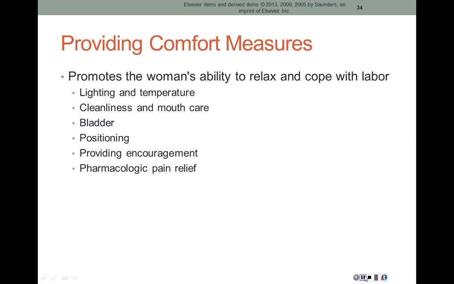So that should have been something that's already been discussed with the obstetrician, and so she should have pain medicines ordered. If that's what she wants to do, then by all means don't withhold pain medication. If she says she's in pain, then we need to medicate her.